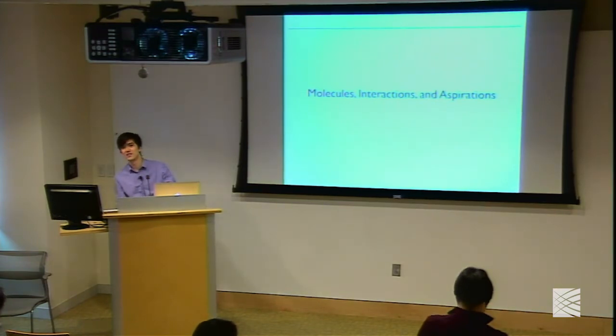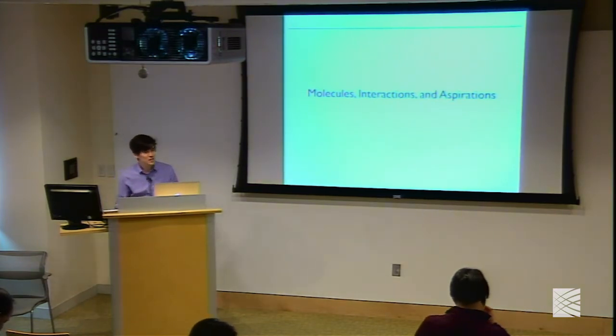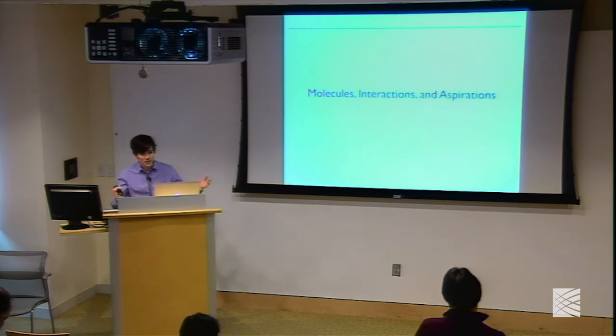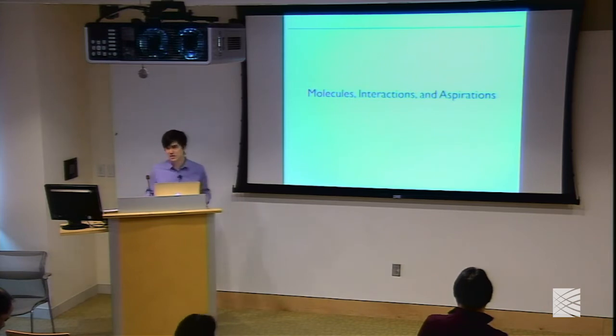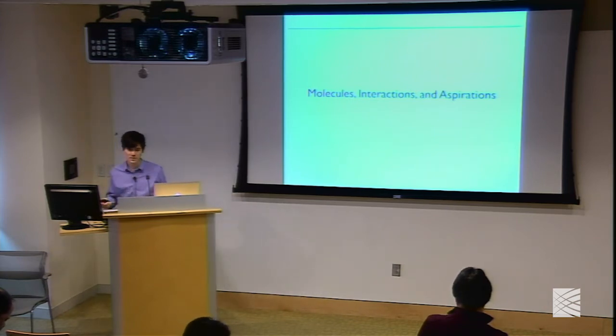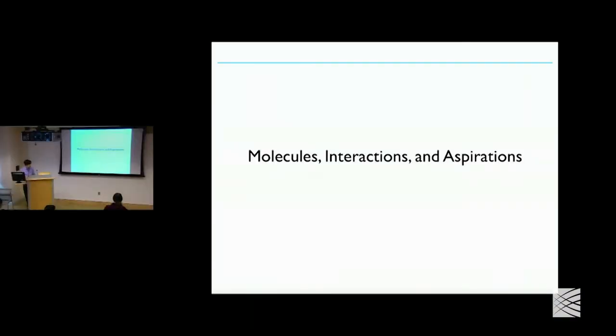And the goal here is for this to be an interactive discussion, and my goal is to share a little bit about my worldview about how we can tackle some really big problems in molecular biology and genetics, and interface between experimental and computational approaches to pick apart these processes.